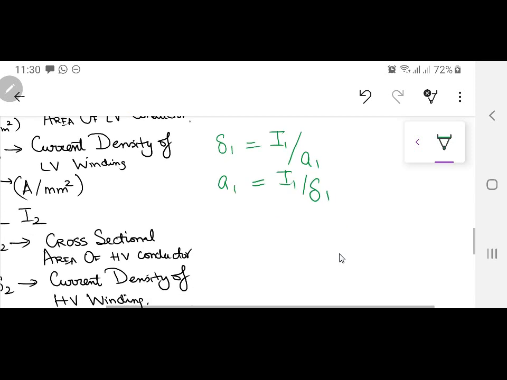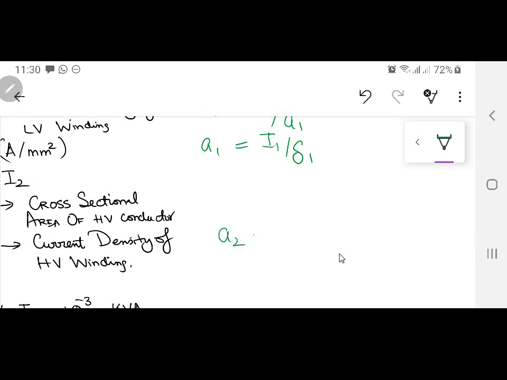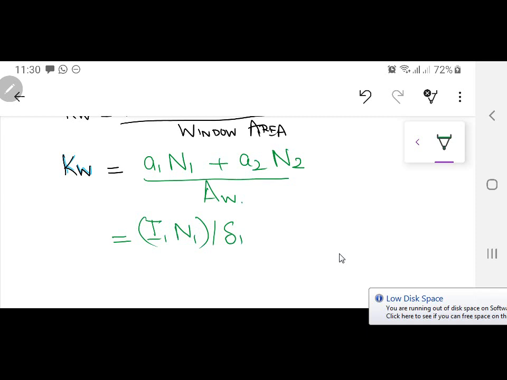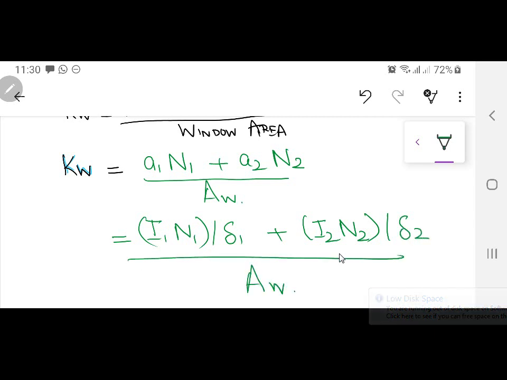Same thing, and similarly I can write A2 equal to I2 divided by delta 2. So I can now use these two equations below. Now this becomes equal to I1 N1 divided by delta 1 plus I2 N2 divided by delta 2, divided by AW.